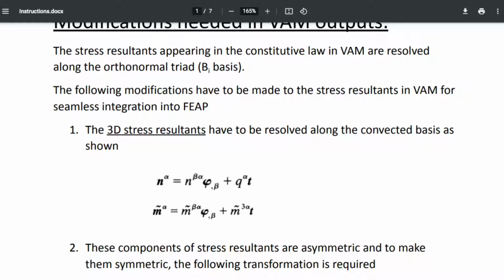So let us look at a visualization of this expression, because this was something which was not fully clear to most of us. So let us now look at a brief visualization of the same. Here let me draw the undeformed and deformed configurations first.